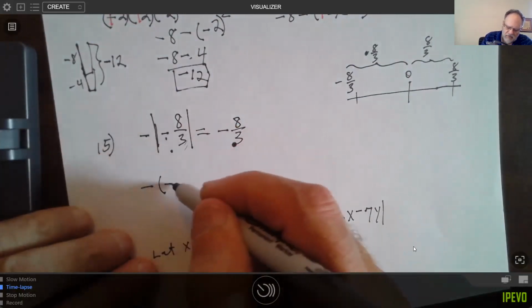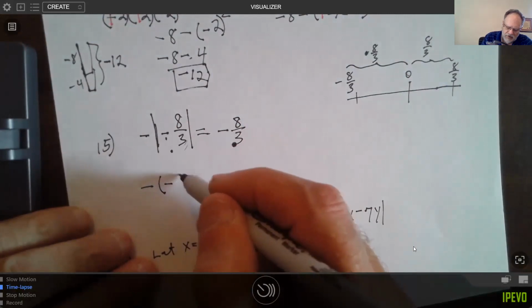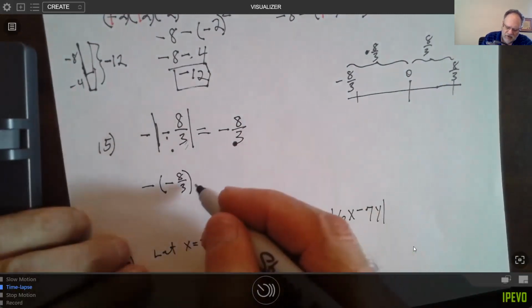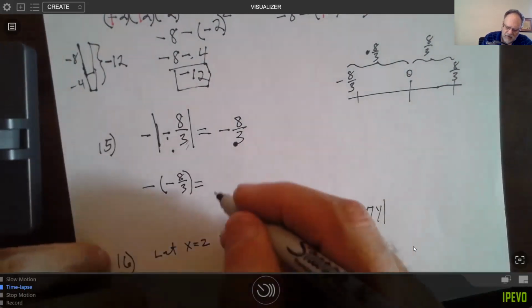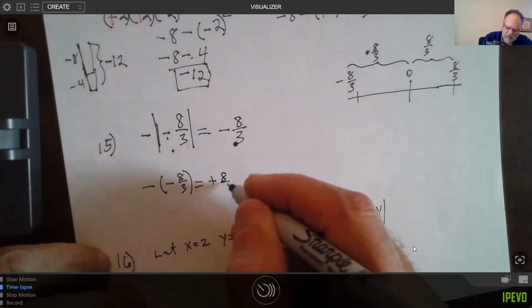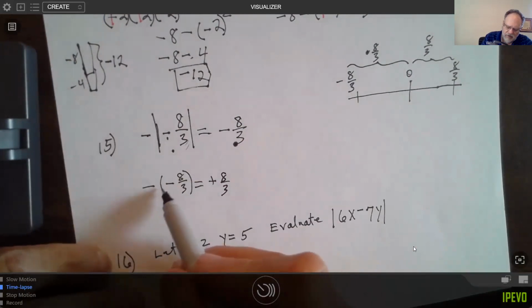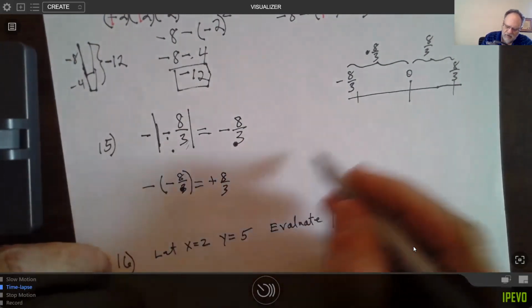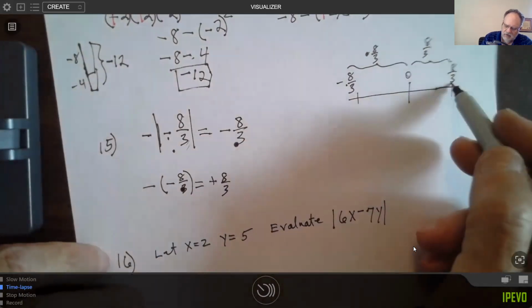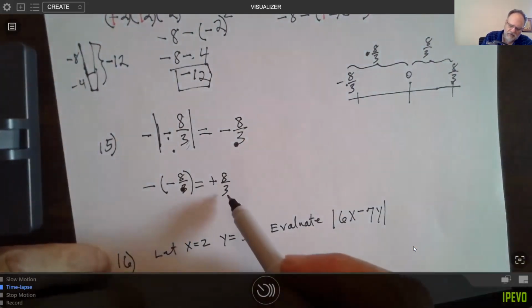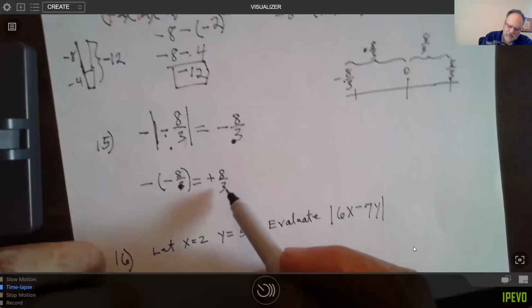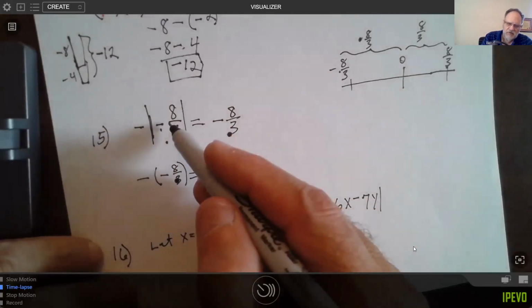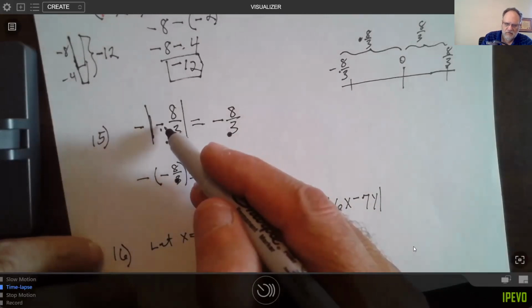If we had -8, negative, and then parentheses 8/3, yeah, now we can change the signs, and that becomes a positive 8/3, because this is saying the opposite of a negative 8/3, right? The opposite of a negative 8/3 is a positive 8/3. So it's different with parentheses as it is with absolute value.